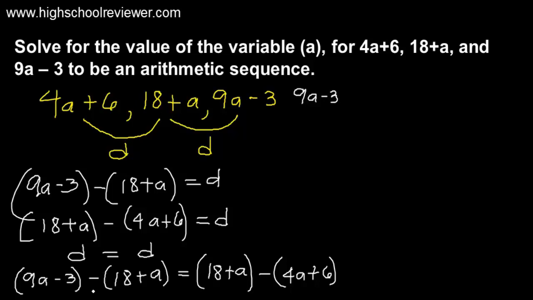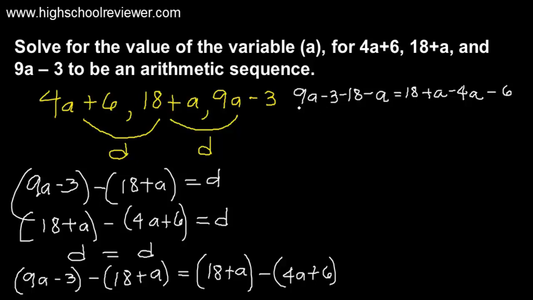Okay, negative times positive 18, that will be negative 18. Negative times positive a, that will be negative a. This will be equal to 18 plus a. Negative times positive 4a, this will be negative 4a. Negative times positive 6, that's negative 6.